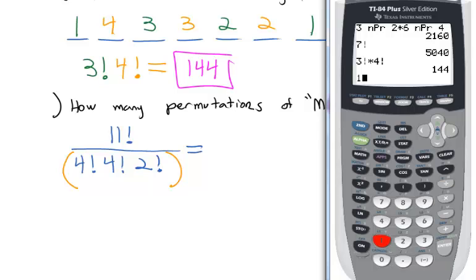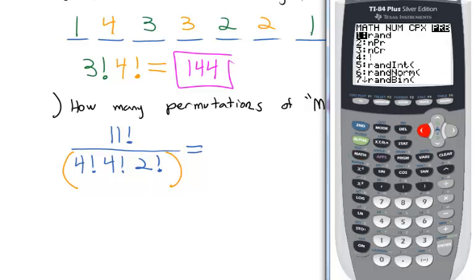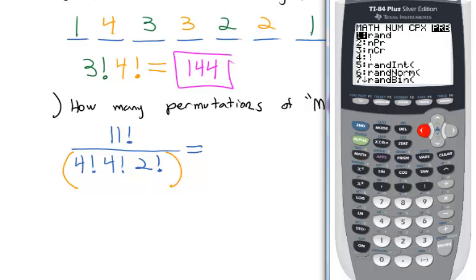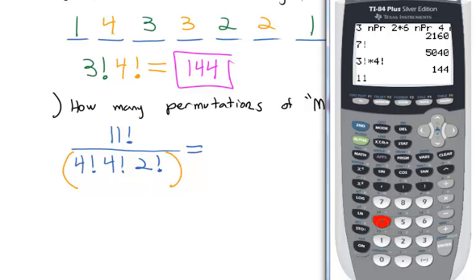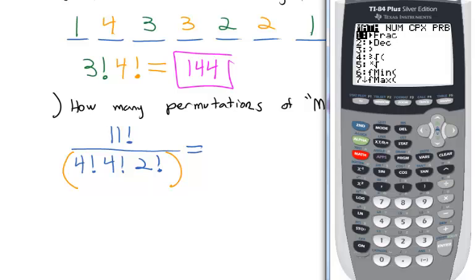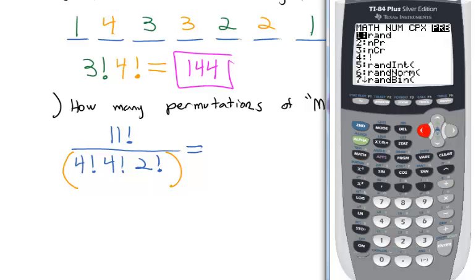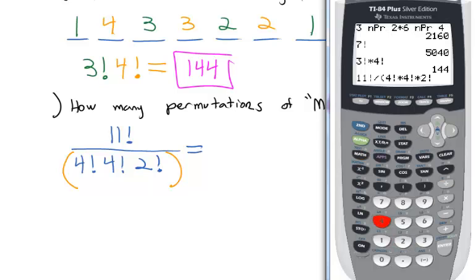So we have 11, math, over to probability, 4 is factorial, divided by, in parentheses, 4, math, 4 is factorial, times 4, math, factorial, times 2, math, factorial, close the parentheses. So 11 factorial divided by 4, 4, and 2 factorial.